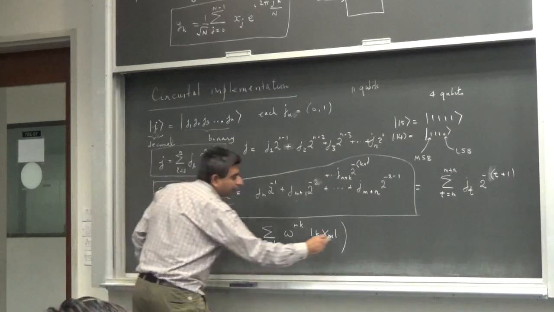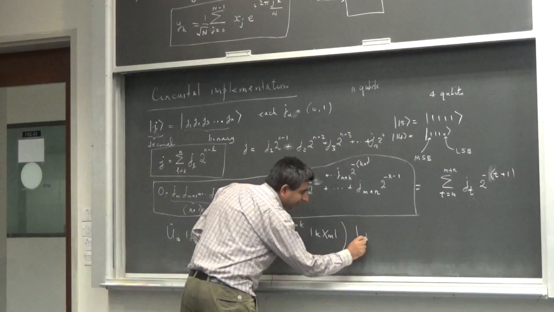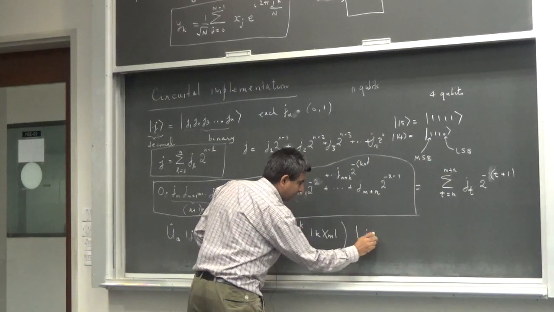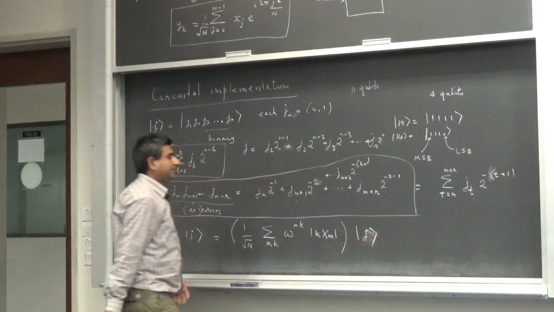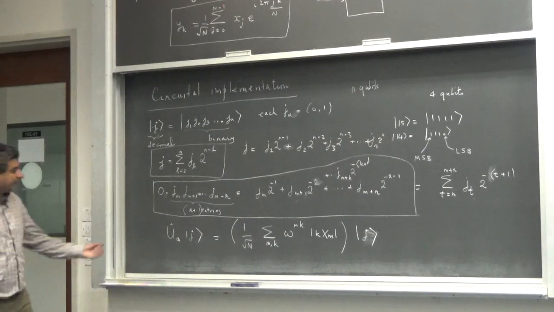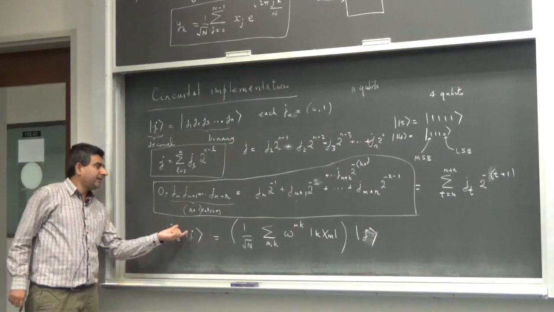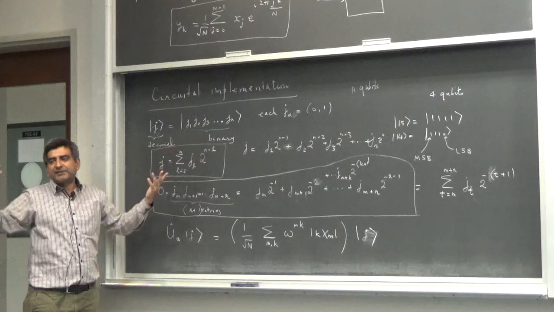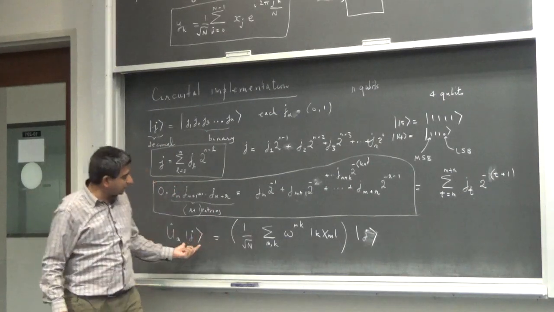This is acting on j, and j really is this thing. Let's put this j in this step here. Now this is a single quantum state. It's not a superposition, it's a decimal state, say 001, etc. Now what happens when the Fourier transform acts on this state?